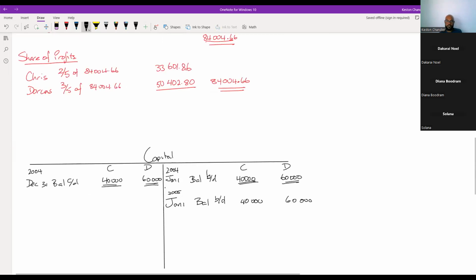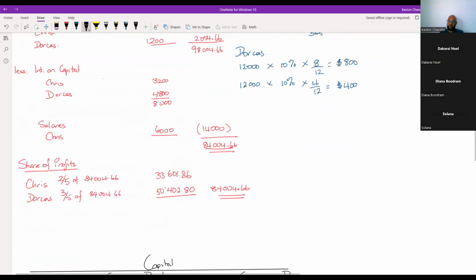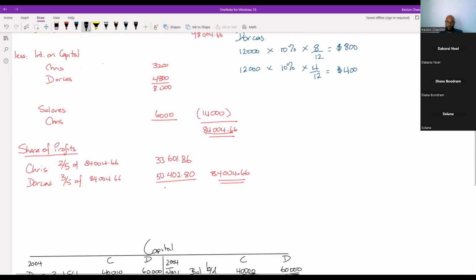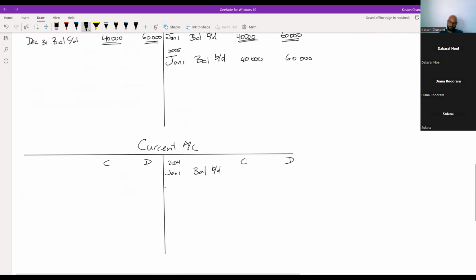They gave us balances to bring forward. So you always have to go back and tick off the things that they use. You're going to use these two now, 5,000 and 3,000, and they're both on the credit side. So that tells me that on January 1st, 2004, the balance brought forward was 5 and 3 respectively.